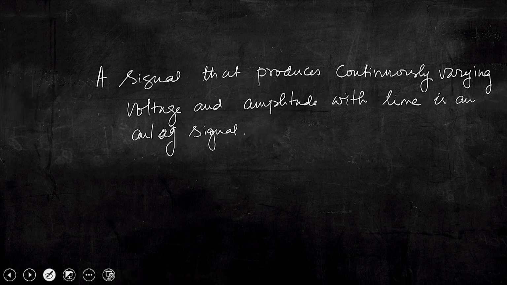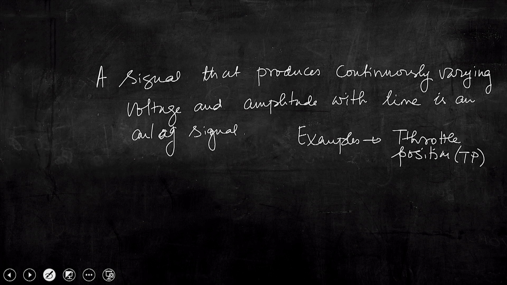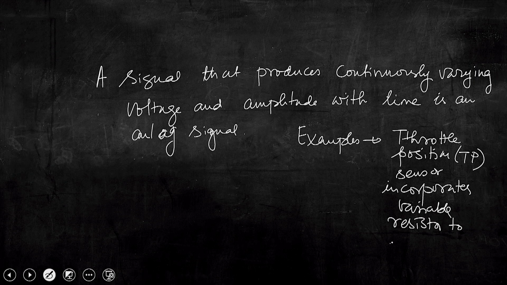There are many examples, such as the throttle position sensor, or TP sensor, that we have already discussed, which incorporates a variable resistor to produce an analog signal.